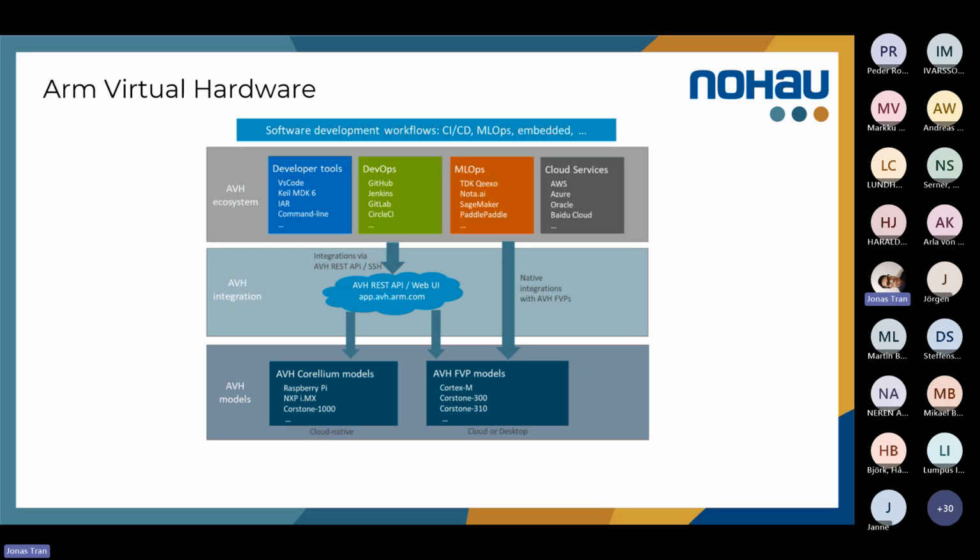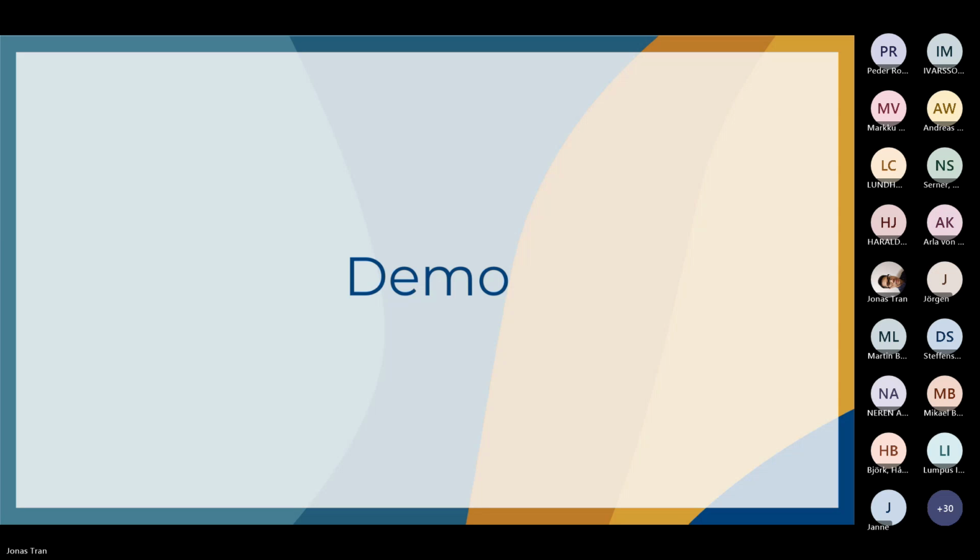But that's a little bit outside the topic of this webinar, so I won't be going too much into that. Now I'm going to start the demo, and I'll show that it works more or less the same to debug a virtual target and a real target with physical out-of-box hardware.